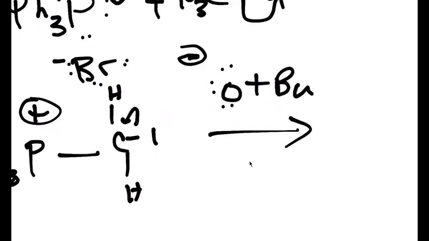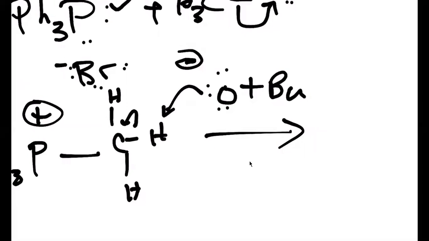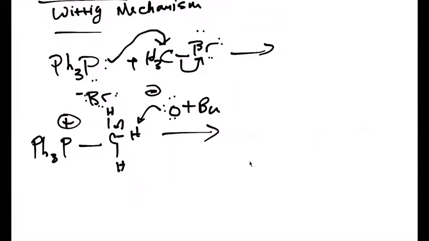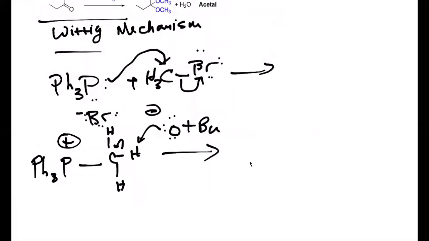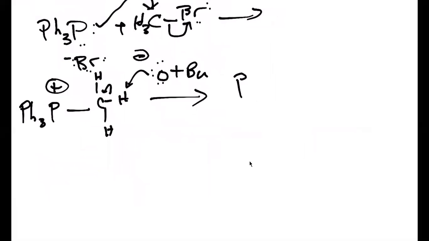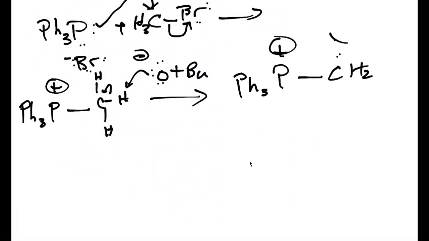All right. So once you do that, right, that's when you have generated your ylide. So now the ylide is going to look like this. So it's P positive, and then CH2, and that's negative.